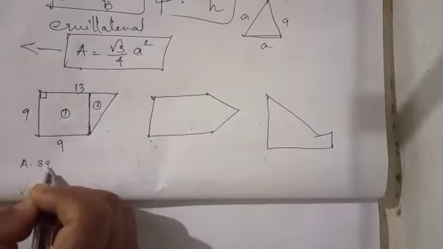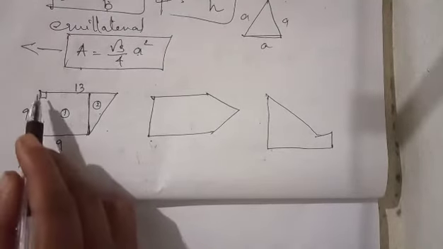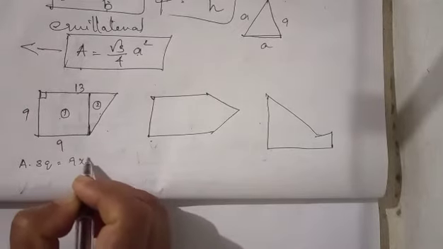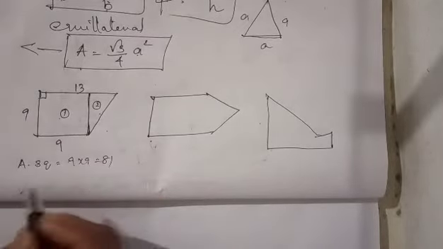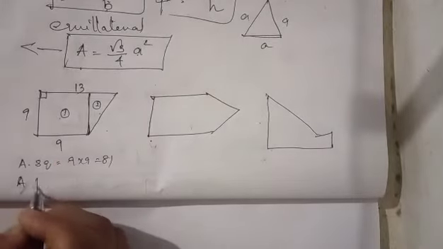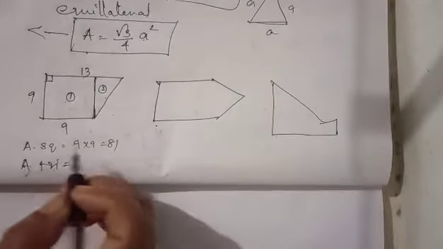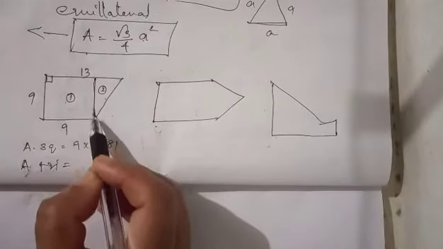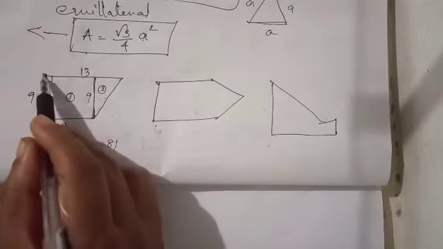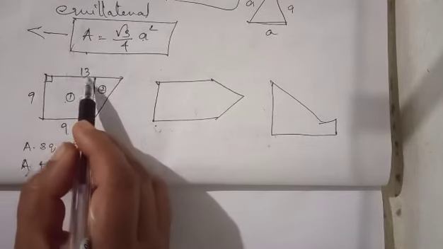What is the area of a square? Side into side. This side is 9, this side is 9. 9 into 9, 81. Okay. Then how to find the area of the triangle? This side and this side are the same, so this is 9. This total is 13. Here to here is 9.